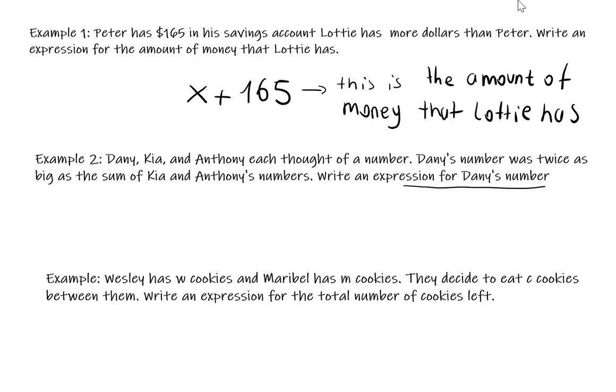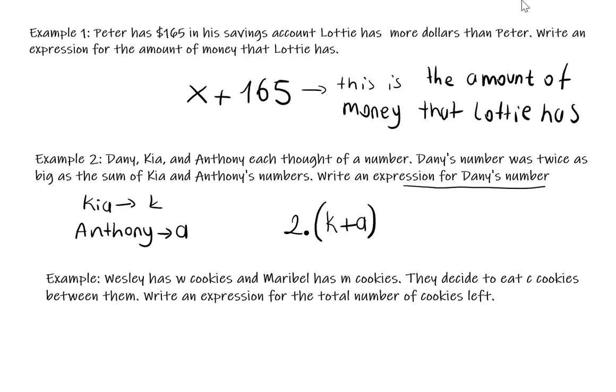Let's represent Kia's number by K, and Anthony's number by A. Then Danny's number is the sum of Kia and Anthony multiplied by 2. Remember the order of operation we mentioned before.